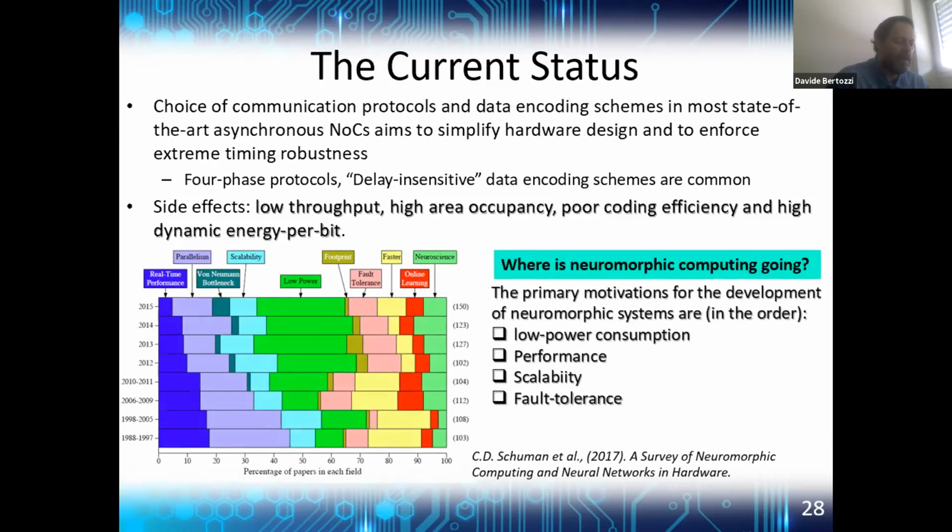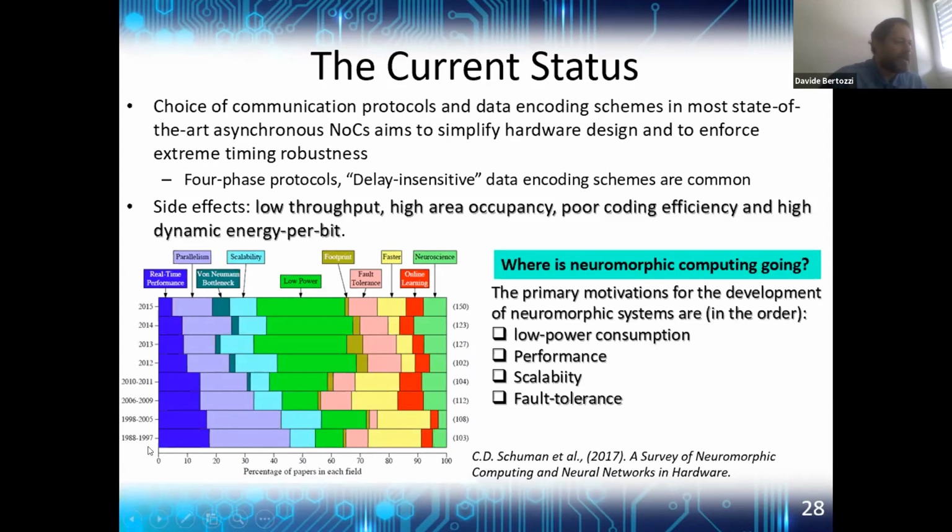Now, let's wonder where neuromorphic computing is going. And this nice picture highlights the key motivations of researchers to develop neuromorphic computing systems. This is directly extracted from work done by Schuman and others in this survey paper on neuromorphic computing systems.